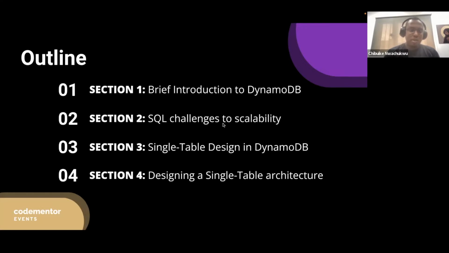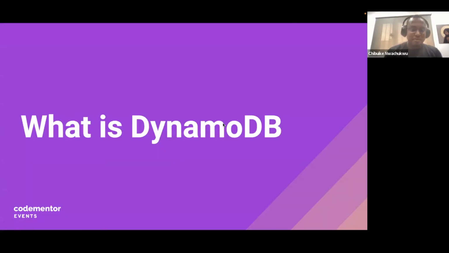We'll answer some of the questions that are popularly asked by people coming from an SQL background. In the last section, before the QA, we're designing a very basic single table architecture to understand how it actually works. So let's get started. What is DynamoDB?